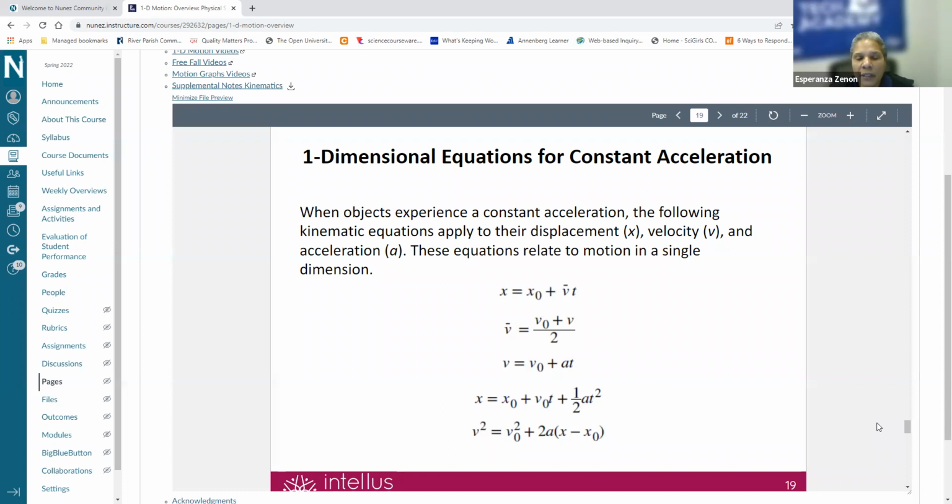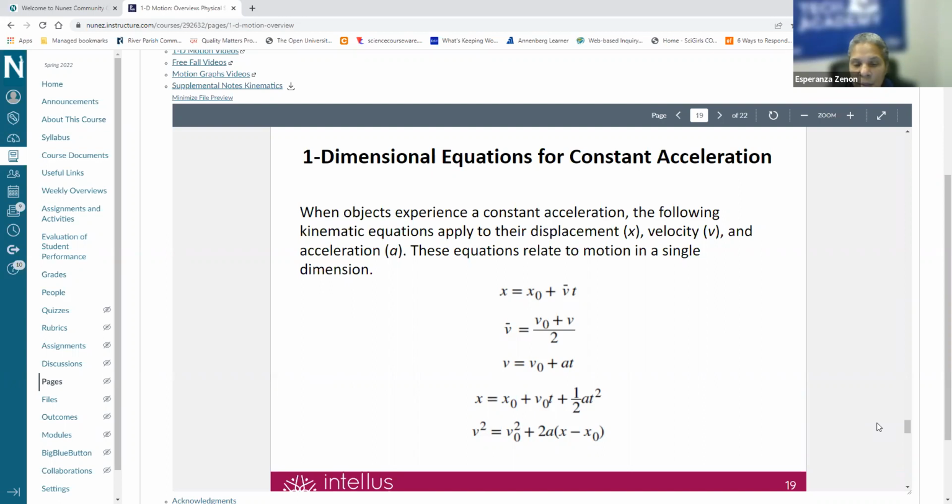In the third equation, you've got a couple of things happening there. You've got the final velocity, the starting velocity, the acceleration, and the time. So if I want to know the final velocity, I take the starting velocity and I add the acceleration times the time to that.